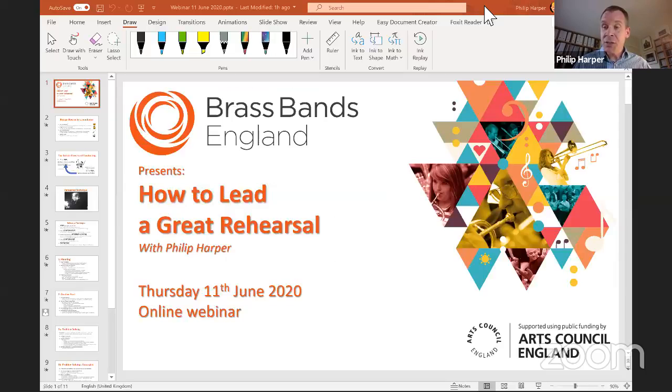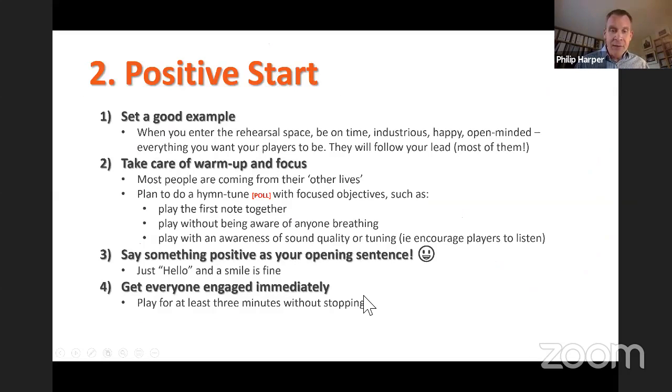Whether that means you do a verse or two of a hymn tune, that's fine. Whether that means you get onto your main piece after the hymn tunes and you do 3 minutes of that, that's also fine. The point is you need to get everyone involved and engaged in the rehearsal.